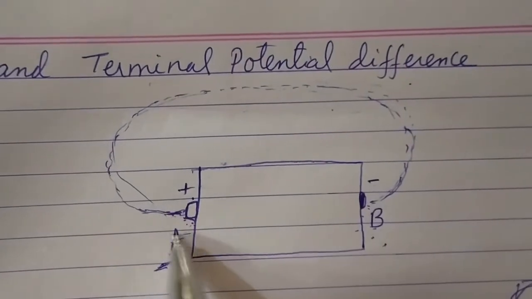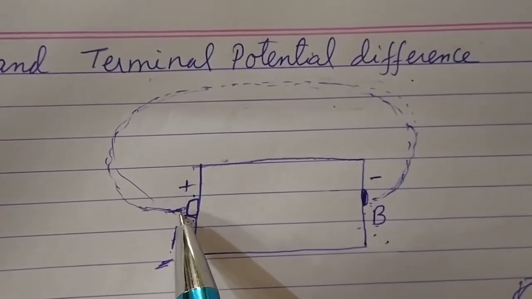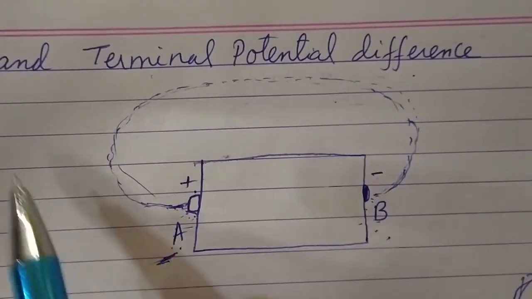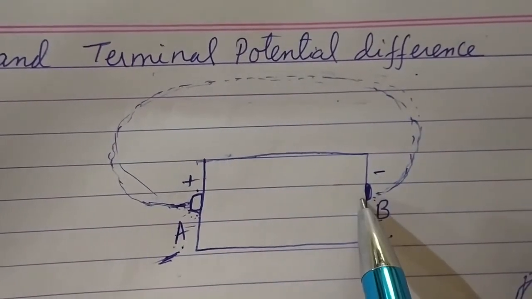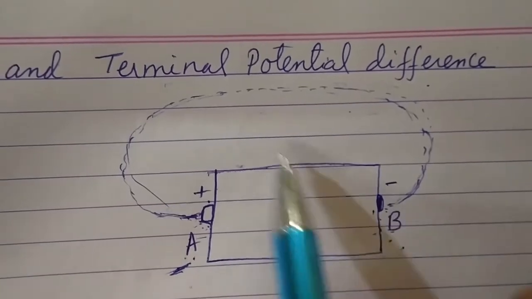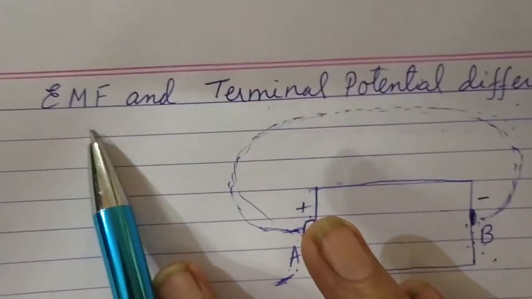Clear, what is terminal potential difference? The amount of work done to move a unit charge from one terminal to the other terminal is known as terminal potential difference. Now what is the EMF of the cell?